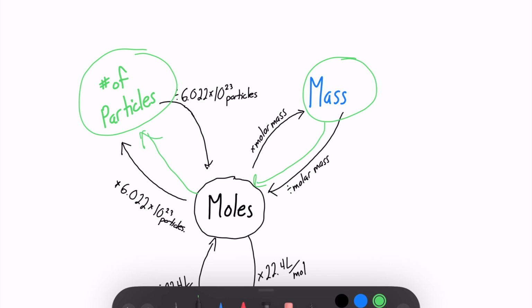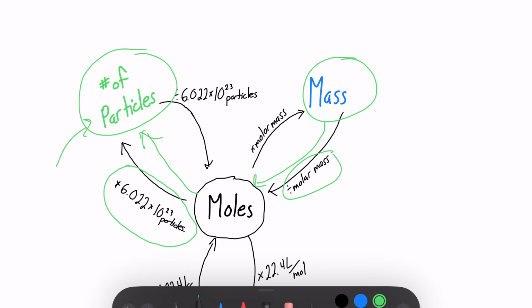Okay, so this is going to be a 2-step conversion here. So the first step, we have to divide by the molar mass to get to moles. And from there, we're going to have to multiply by Avogadro's number, so 6.022 times 10 to the 23, and that will get us our final answer of number of particles.